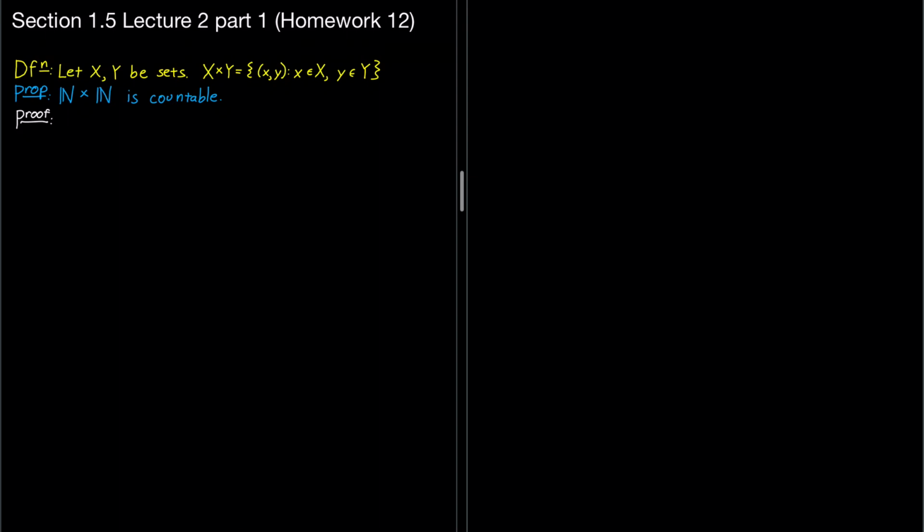So I'm going to write the Cartesian product N cross N like this. Here is (1, 1), here is (1, 2), here is (1, 3), here is (1, 4), and so on.